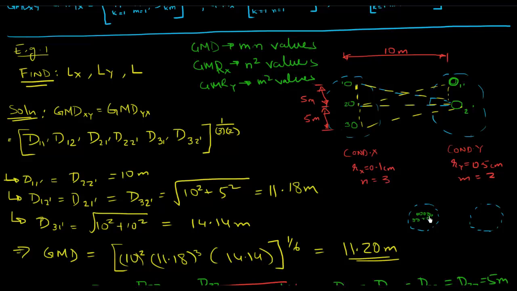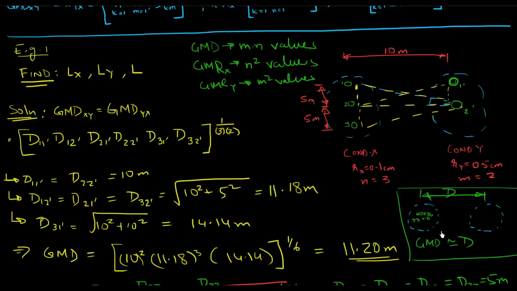So the distance between these strands is not going to be very much in comparison to this distance here. This distance is going to be a lot larger. So in a realistic scenario, GMD can almost be taken as just the distance between the two conductors, because that's going to be much larger than the individual distances between these strands.